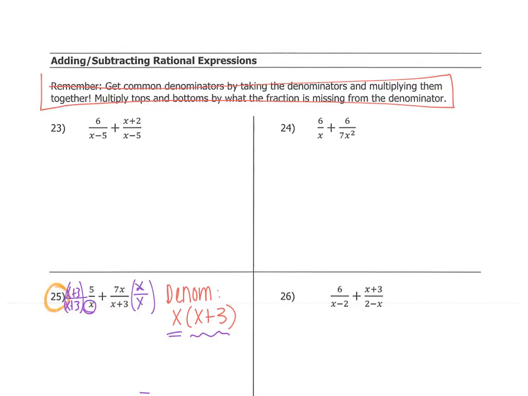So now I make one big fraction with my one big denominator, and on the top part we have 5 times x plus 3. Make sure the x plus 3 goes in parentheses, otherwise you're going to lose some distributing. Then on the top we have plus 7x, well 7x times x is 7x squared.